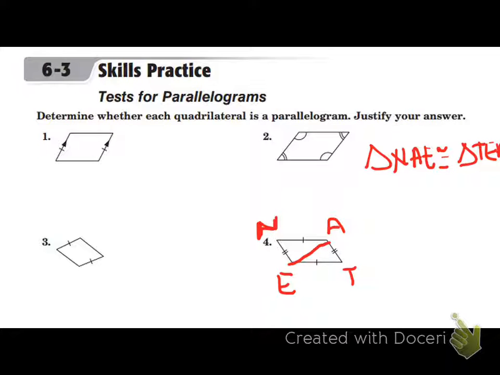Why? Side, side, side. Triangle NAE is congruent to triangle TEA. Name these correctly.